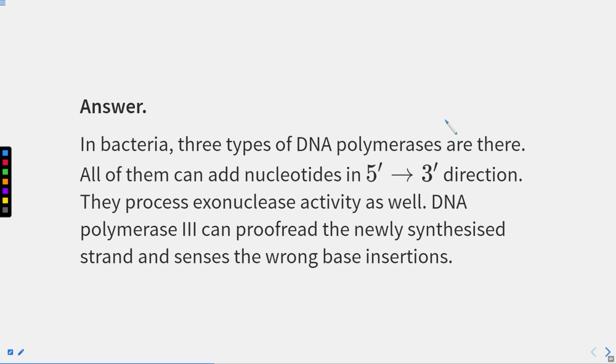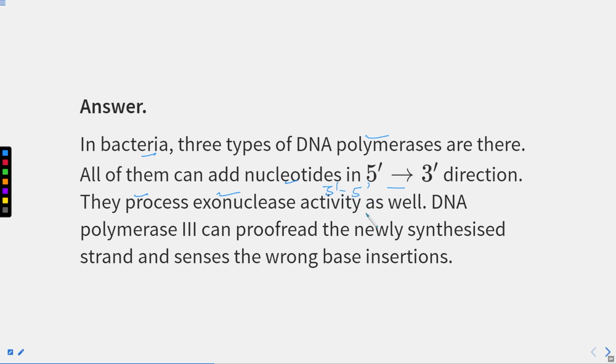Now let's discuss the answer. In bacteria, three types of polymerase are there, and all of them can add nucleotides in the 5' to 3' direction. They also possess exonuclease activity, which is in the 3' to 5' direction.